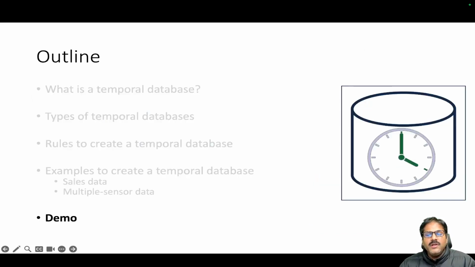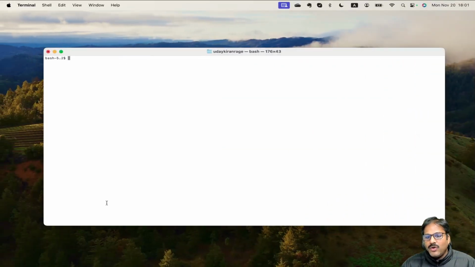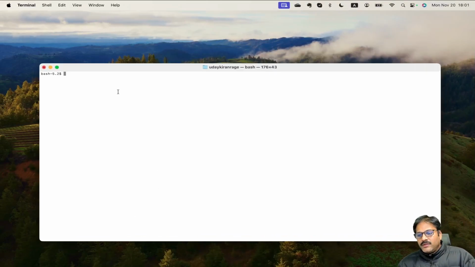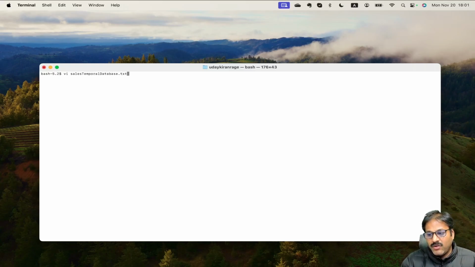Now let us look at an example to create a temporal database. For this, we are going to use the terminal. In the terminal, let us say I want to create a sales temporal database, and let us call it with a txt extension.